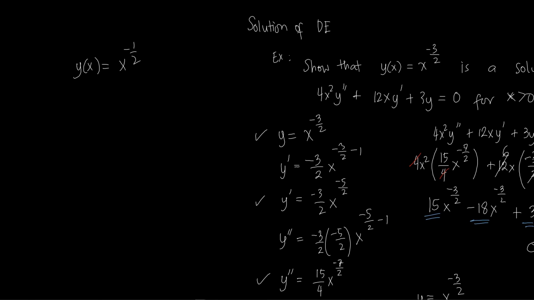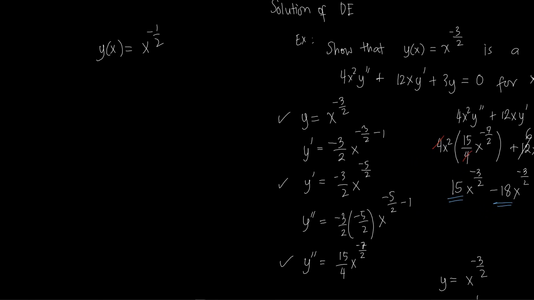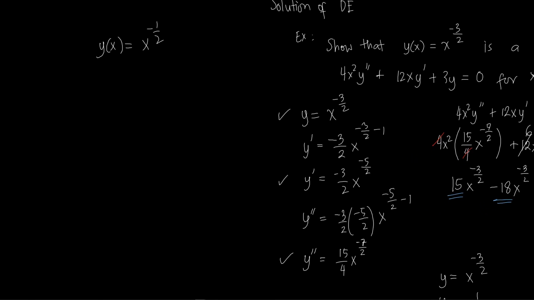So, sir, sobra palang dami ng ating possible solution. So, pwede yung y is equal to x raised to negative 1 half. Pwede din ito. Okay, pwede ito, ito, or pwede din ito.